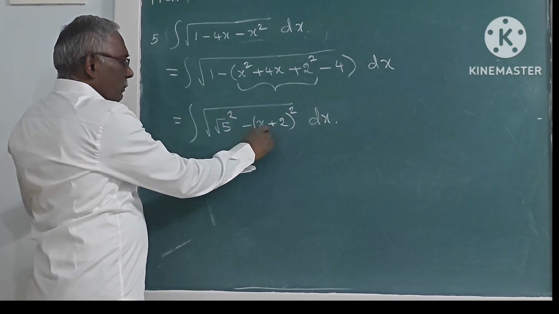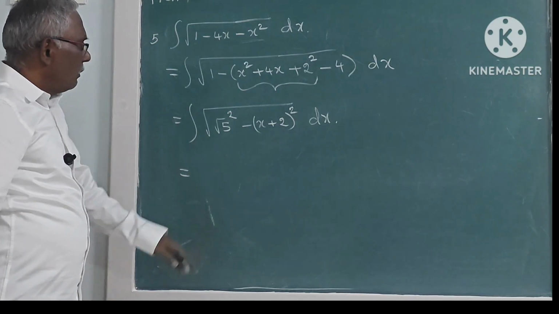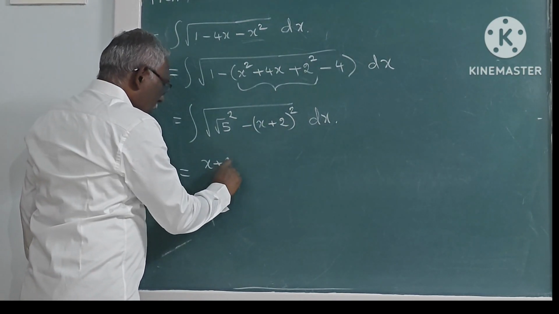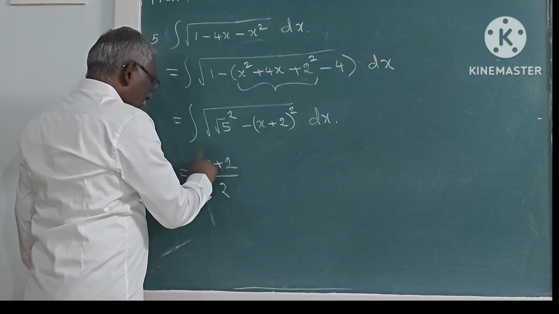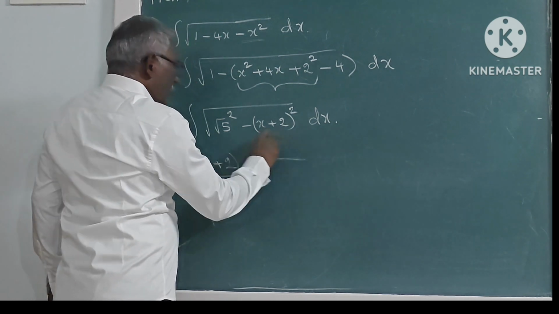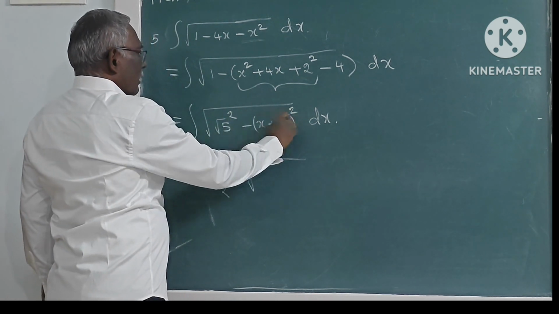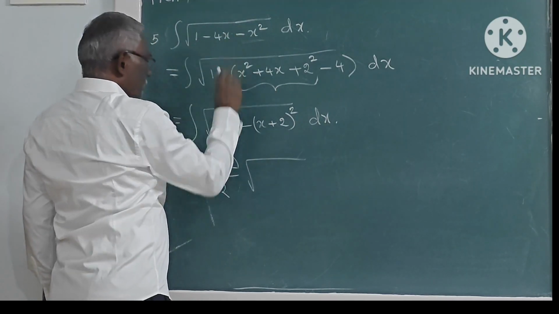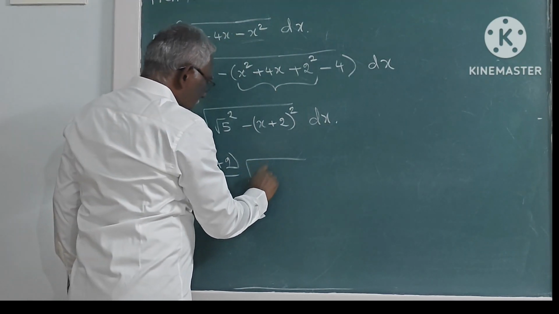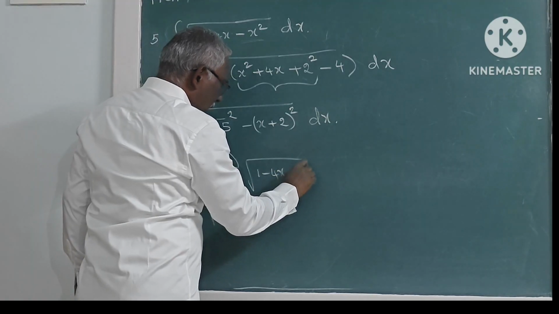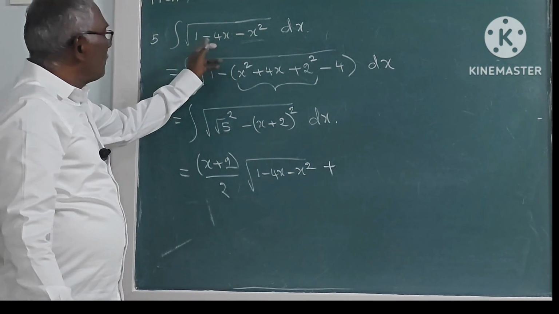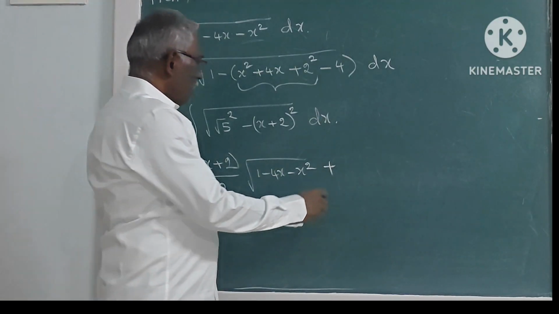Now x plus something we can write it. So what is the formula? x by 2, x plus 2 by 2 into square root of whatever comes here. This is nothing but what we got from here, so I write this one only: 1 minus 4x minus x square, plus a square by 2 sine inverse of x by a.